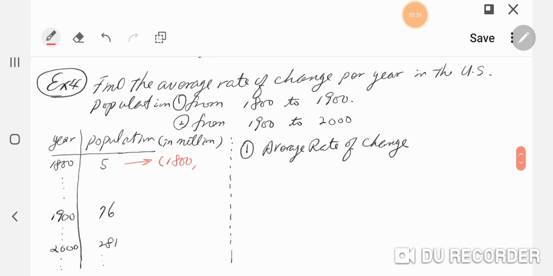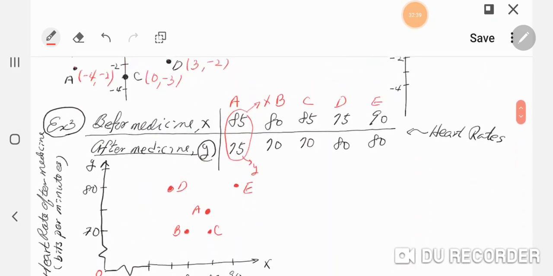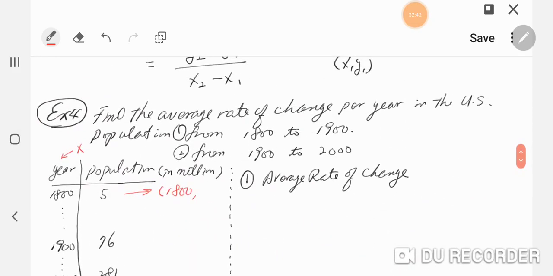So 1800 is, let's say, the x coordinate, x values, and the population is the y values. Based on the year, the population changes. So 1800 is the x, and then 5 is the y value.